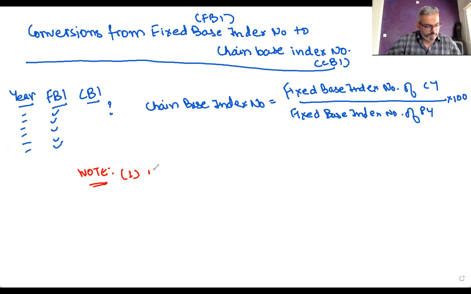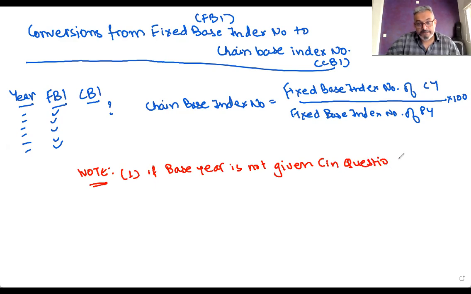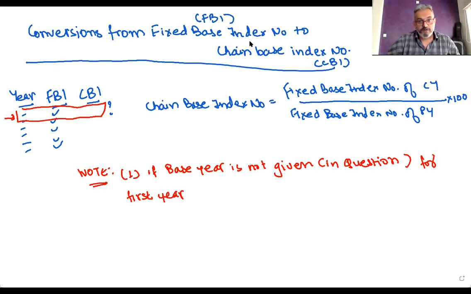First part: if base year is not given in the question, meaning nowhere in the question is it given that this is your base year, then for the first year, CBI is equal to 100.